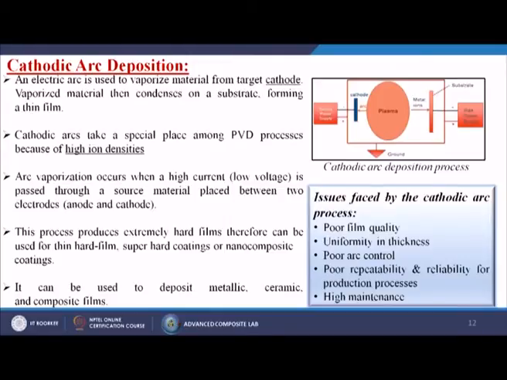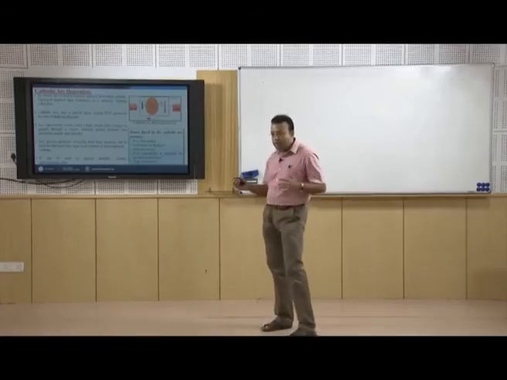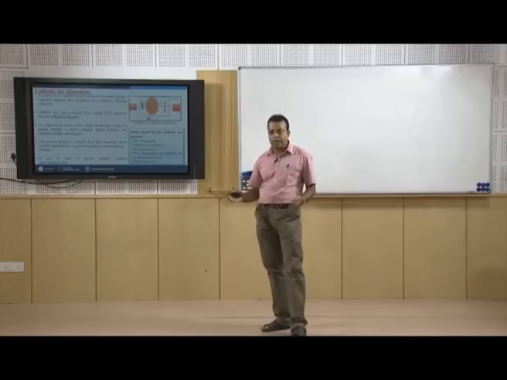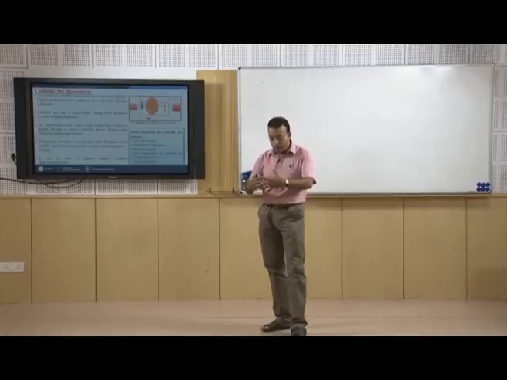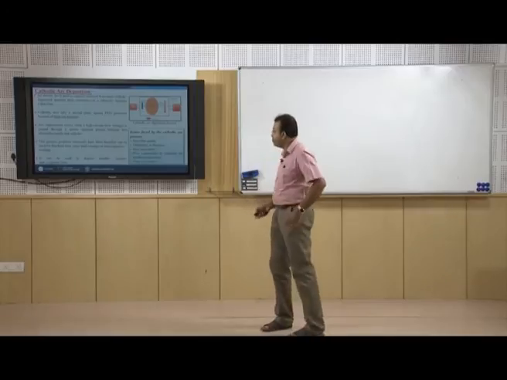This process produces extremely hard films, therefore it can be used for thin hard film, super hard coatings or nanocomposite coatings. It can be used to deposit metallic, ceramic and composite films. So, this technique is more versatile than the others. Here we can use many materials, including hard materials too.